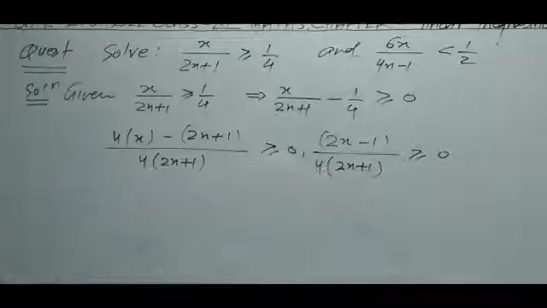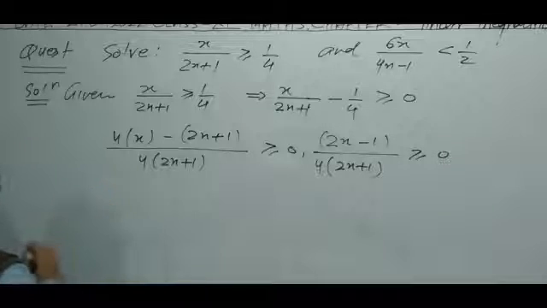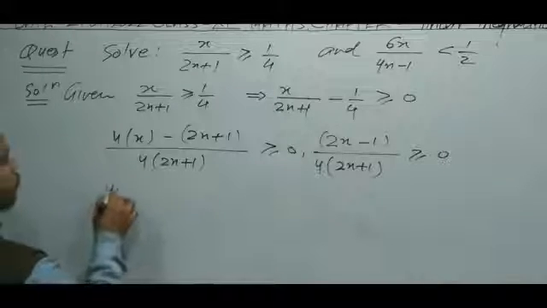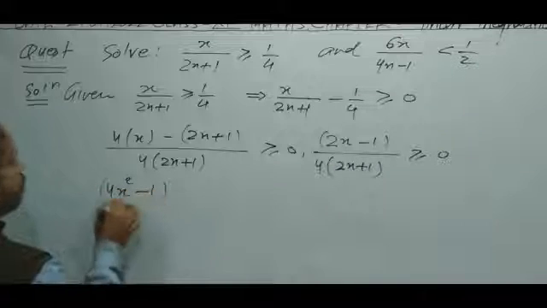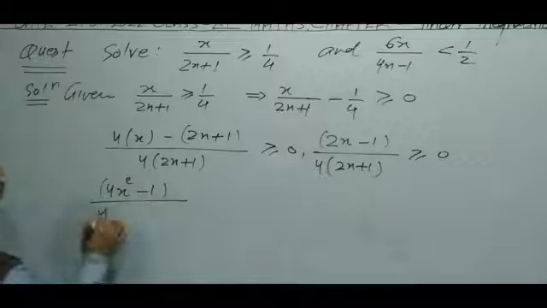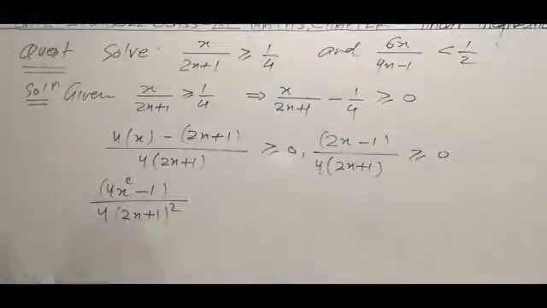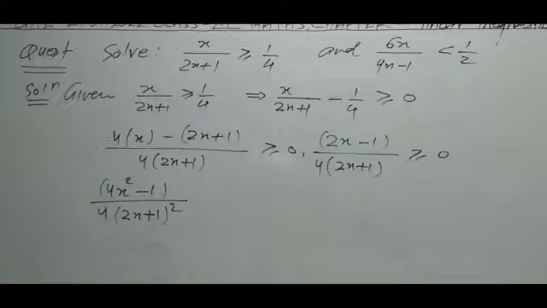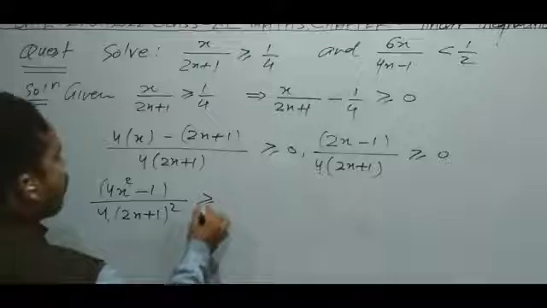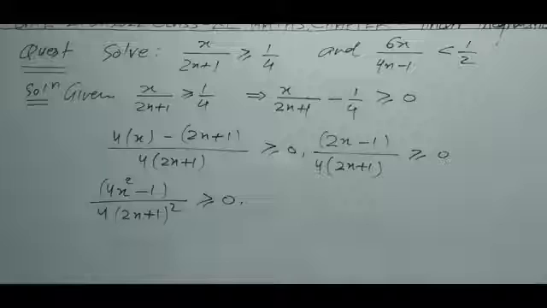And when you rationalize, what do you get? You rationalize by 2x plus 1 whole upon 2x plus 1 whole square. See, now the denominator is always greater than 0, so the numerator will also be greater than or equal to 0.